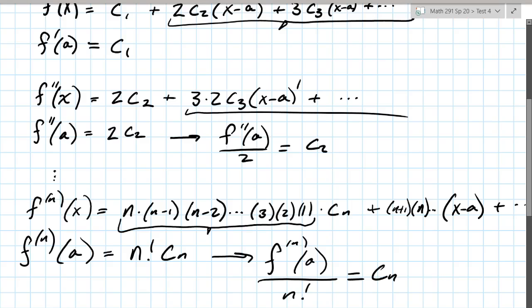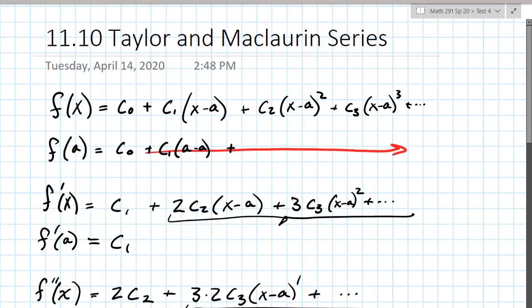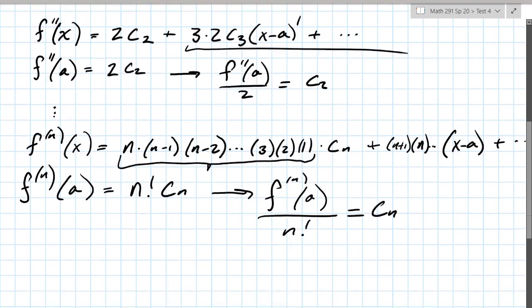So that's going to give us the coefficients of this thing that we started with. So what that means is the following.